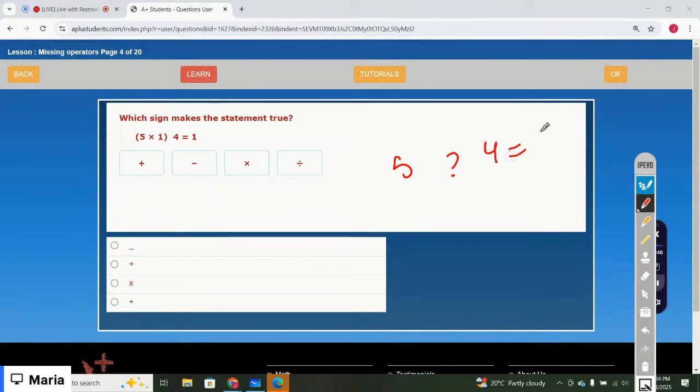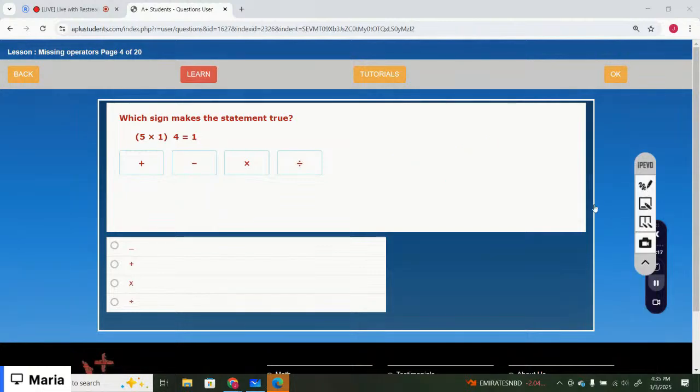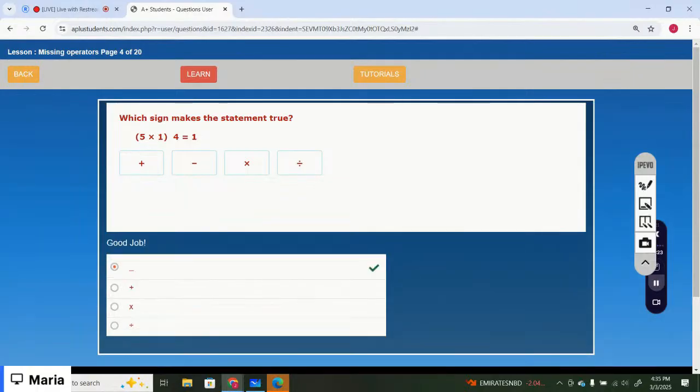And 5, the missing sign, 4 equals 1. That is 5 minus 4 equals 1.